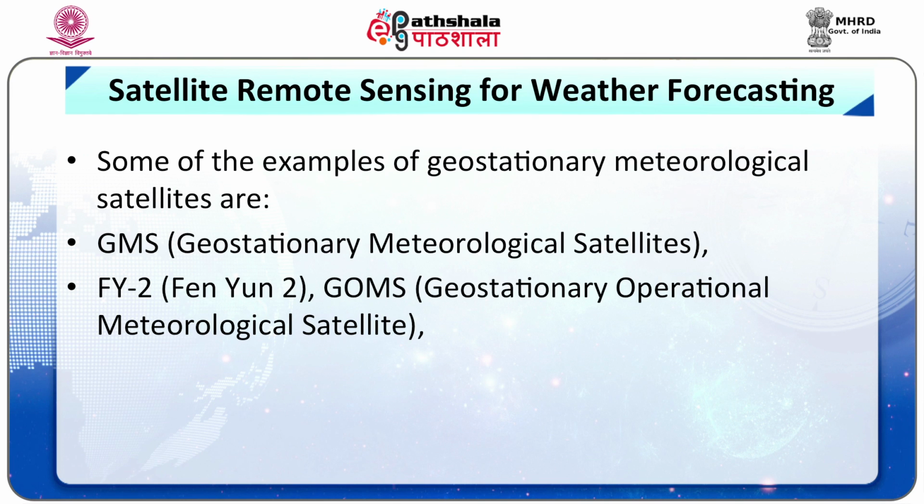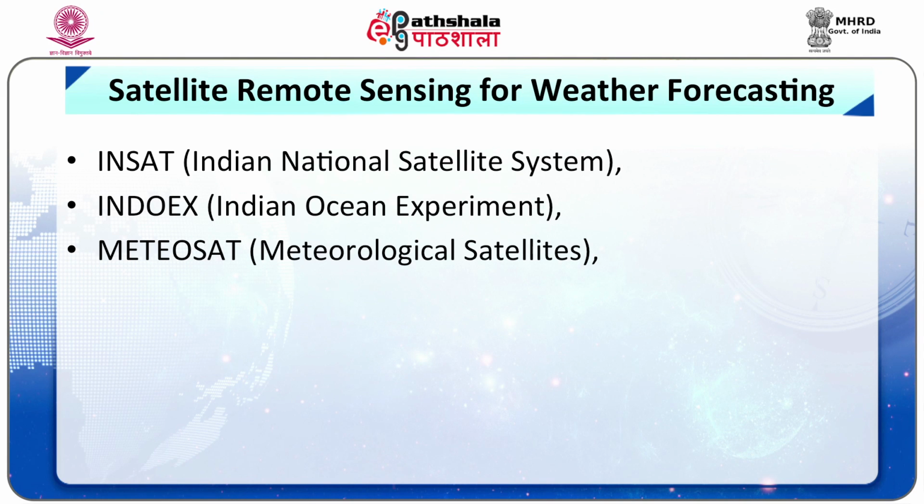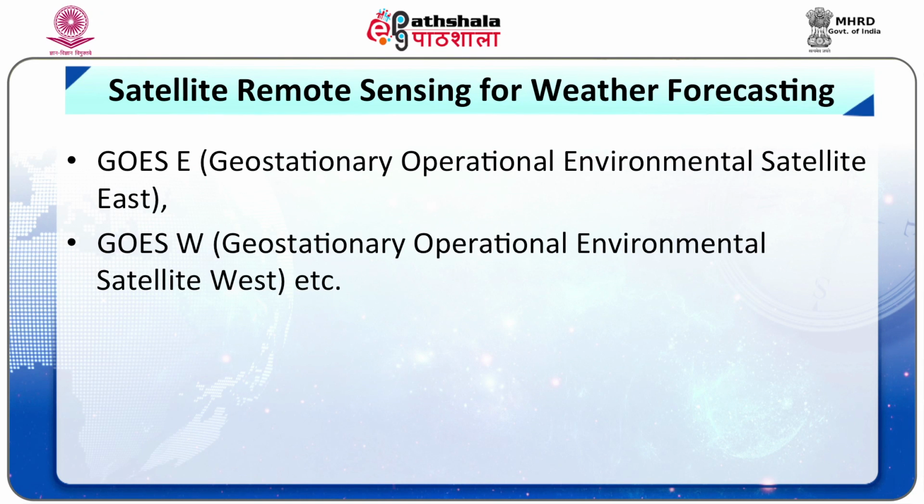Some of the examples of geosynchronous meteorological satellites are GMS, which is the Geostationary Meteorological Satellite, FY2, GOMS, Geostationary Operational Meteorological Satellite, INSAT, Indian National Satellite System, INDOEX, Indian Ocean Experiment, Meteosat, which is the meteorological satellites, GOES-E, Geostationary Operational Environmental Satellite East, and GOES-W, which is the Geostationary Operational Environmental Satellite West, etc.